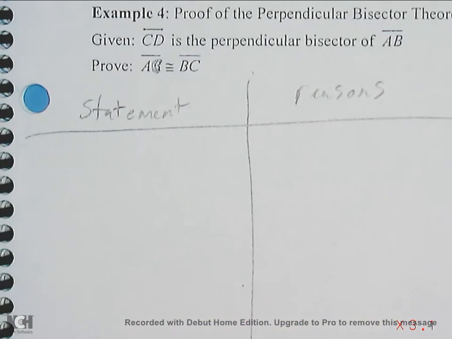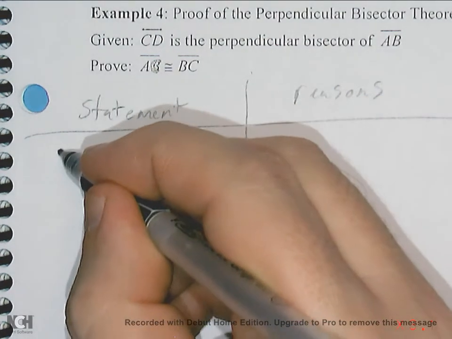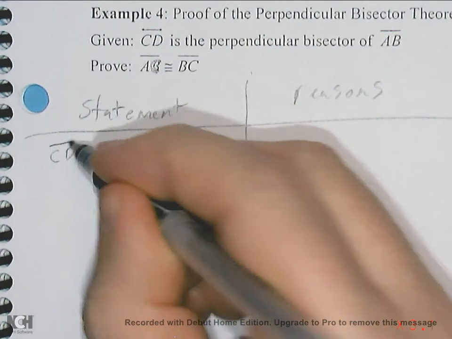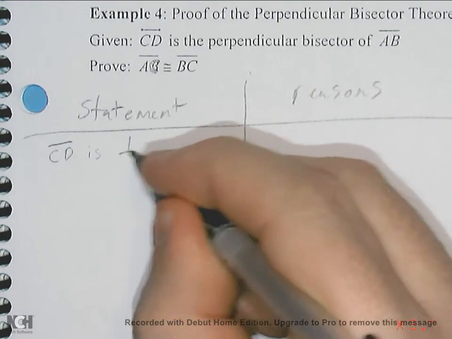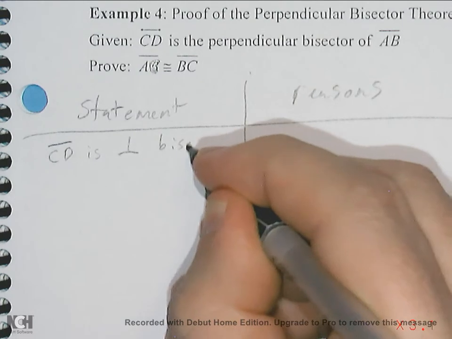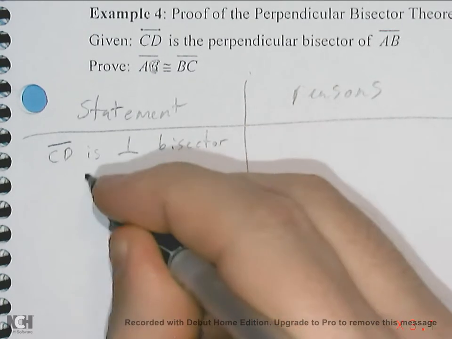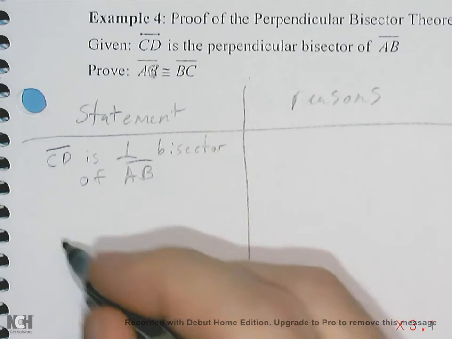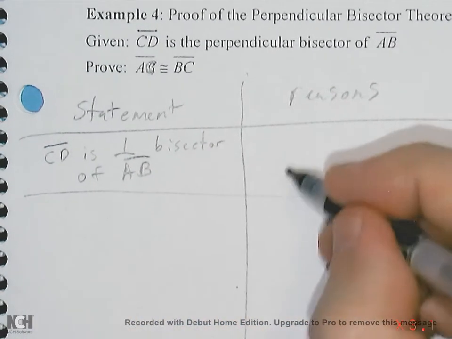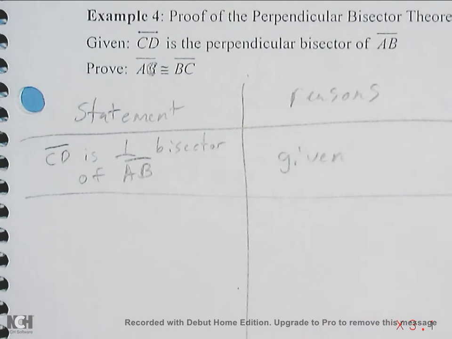Here we go. We start off by going with what is given to us. So I know that the line segment CD is a perpendicular bisector of AB, because that is given. Okay.